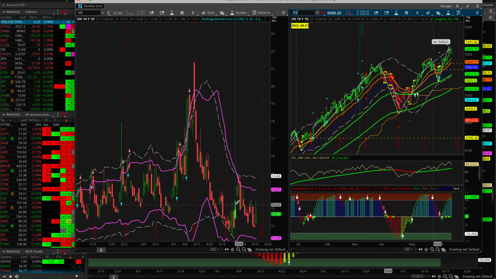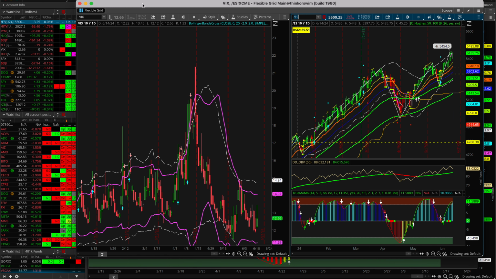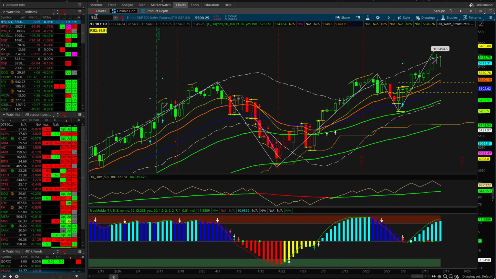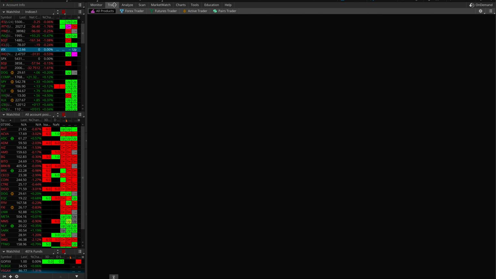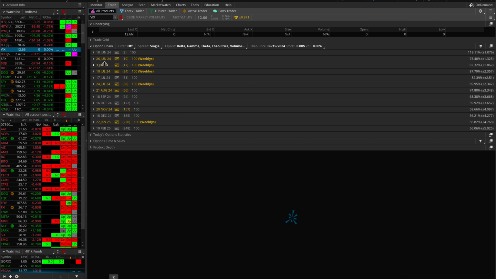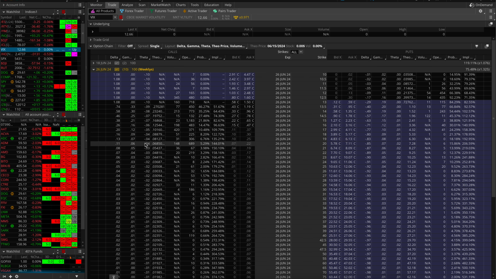And we could look, I suppose, let's go to the VIX here, and look at the near options. The calls are priced much higher than the puts, so that's basically calling out the volatility.